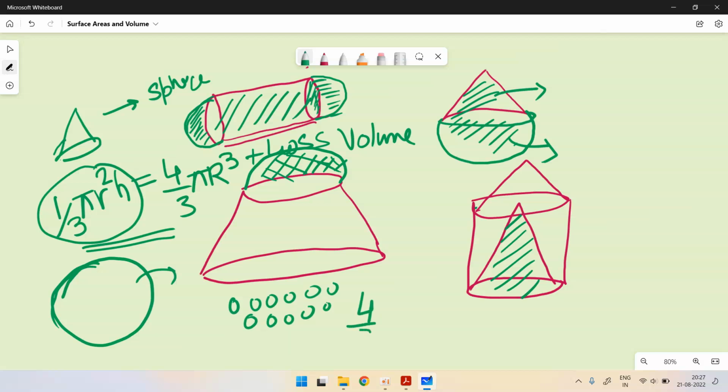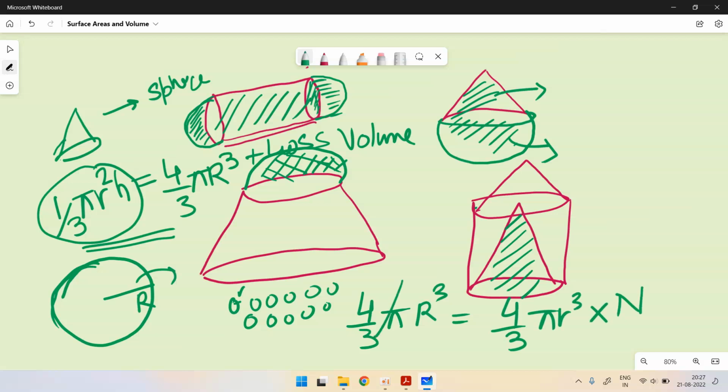In this case, taking the radius of the bigger one as capital R and the small one as small r, 4 by 3 pi R cube equals n times 4 by 3 pi r cube. The 4 by 3 pi gets cancelled, and if n is given you can get R, and if R is given and n is not given, you can find n. This type of question may be asked. Thank you.